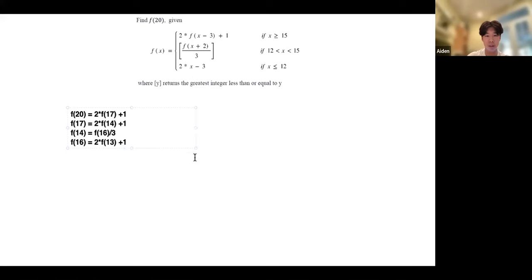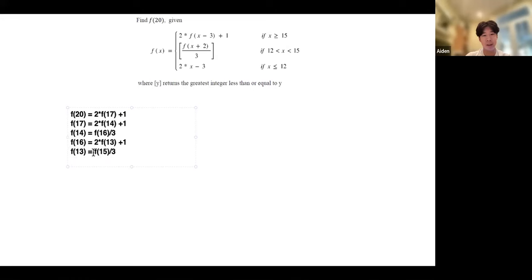And then f of 13, once again, qualifies for this second equation. So we get f of 13 is equal to f of 13 plus 2, which is 15, and then divided by 3.